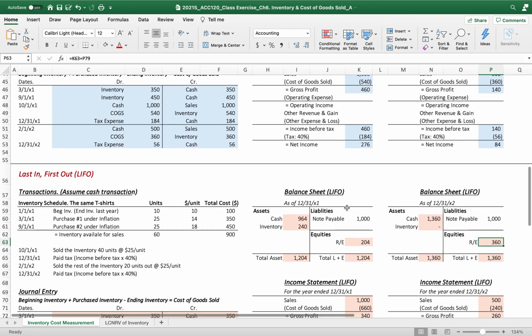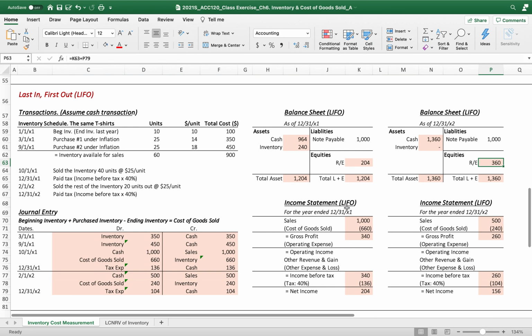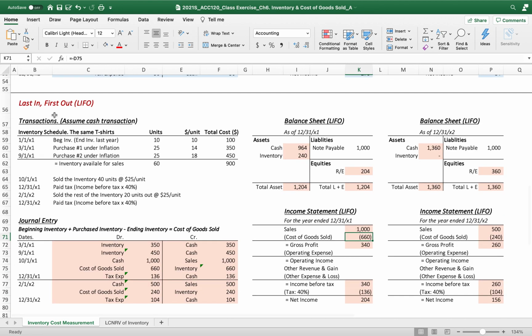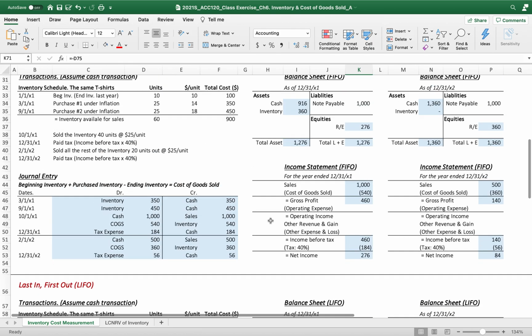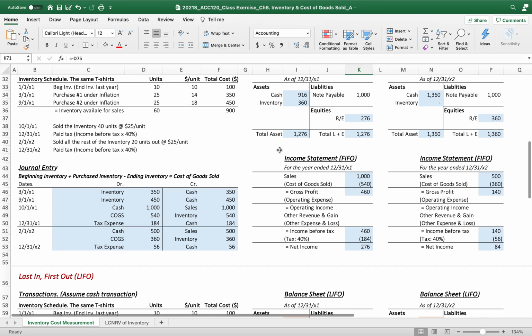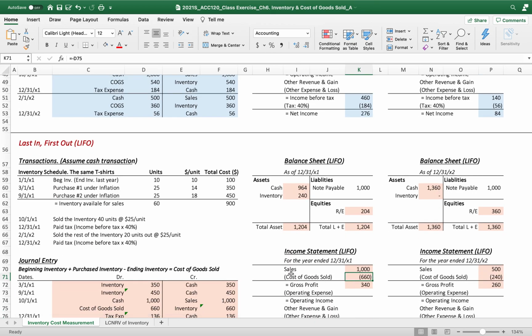Okay, so as you can see, we have totally different amounts of inventory in the first year and the cost of goods sold. The cost of goods sold under LIFO is more expensive compared to the cost of goods sold under FIFO. Why? Because in the first year under last in, first out, we count the most expensive one, since we start counting the last purchased under inflation.